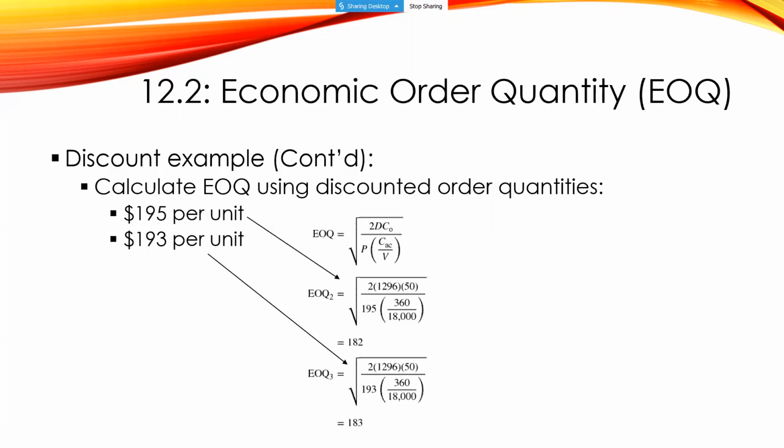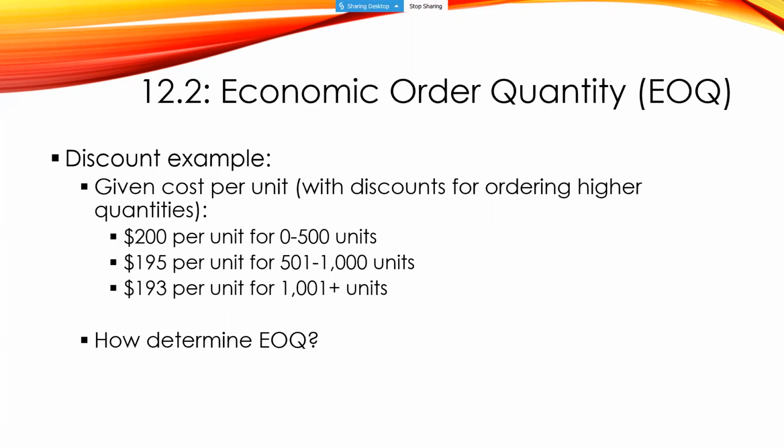So our EOQ at $200 per unit was 180 units. That 180 units is well under the quantity that qualifies for discounts. So we do want to look at EOQ based off of 195 per unit and 193 per unit for the price.